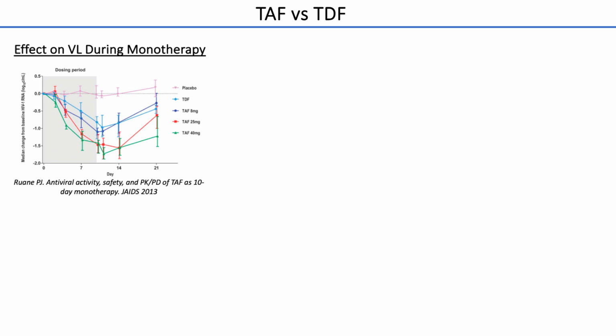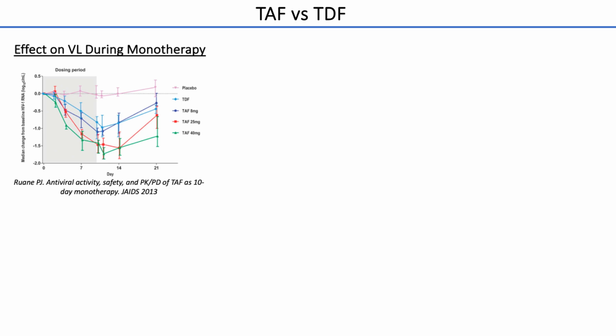How does TAF compare with TDF? Phase 1 and 2 studies have shown that a 25 milligram dose of TAF achieves higher intracellular tenofovir diphosphate concentrations than 300 milligrams of TDF due to the greater plasma stability of TAF and intracellular conversion of TAF to tenofovir.